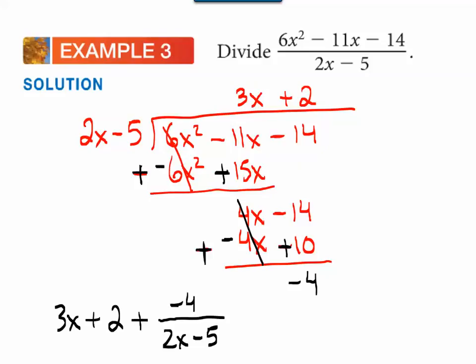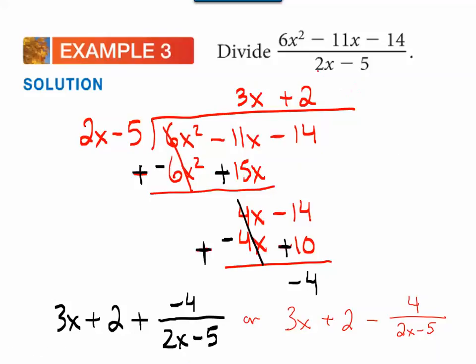That's the way the back of the book does it. All the other algebra textbooks that I've seen actually do it like this. Same thing, pretty much, right? You're subtracting the remainder here as opposed to adding a negative 4 as the remainder. So same thing.